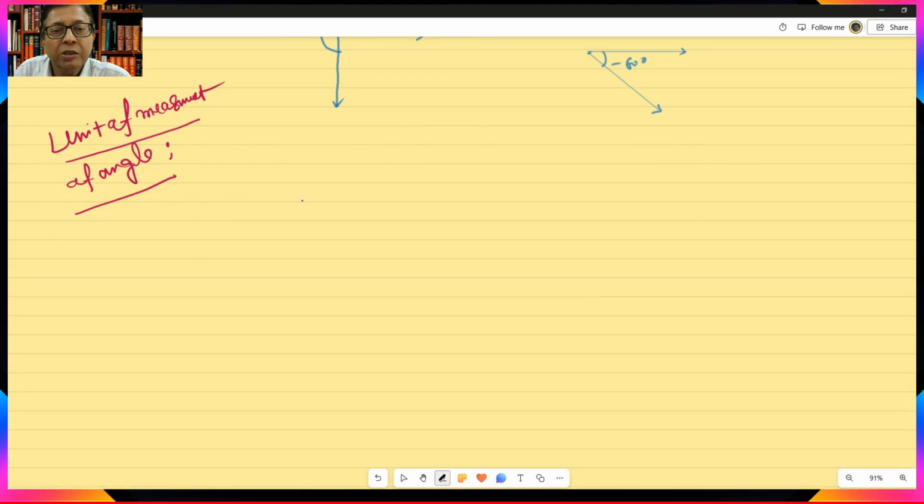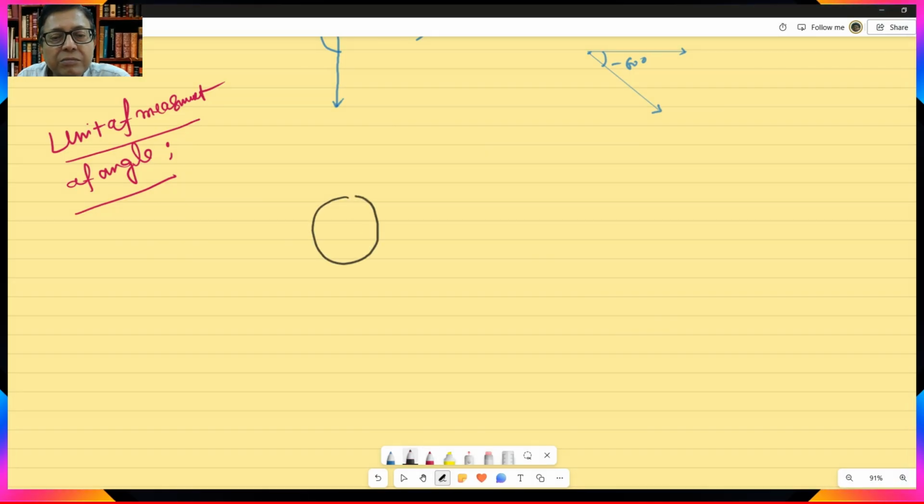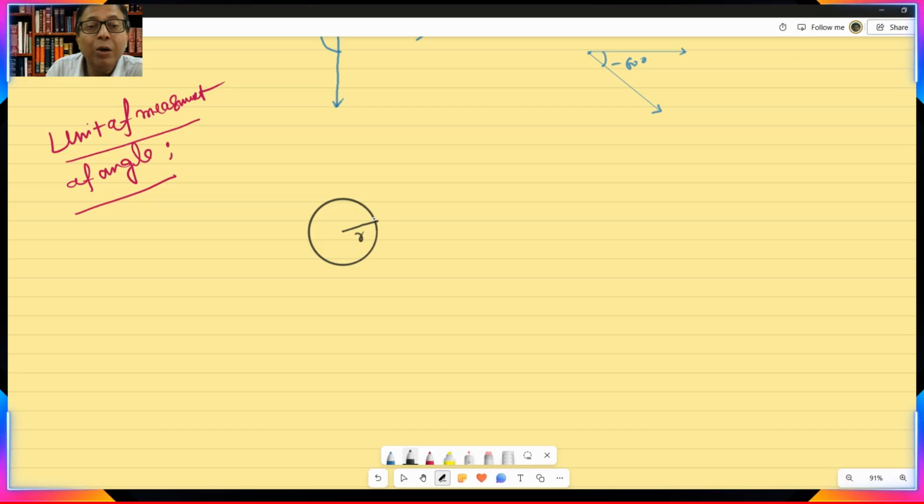See, the same thing we are going to represent by using radian. Okay? So, first let us take one unit circle or a circle of radius r. We will define one radian, then 2 radian, 3 radian automatically will be defined. What is one radian angle that we try to learn?